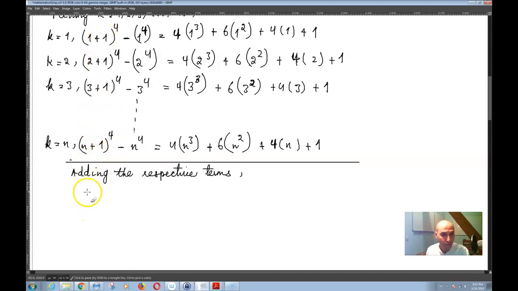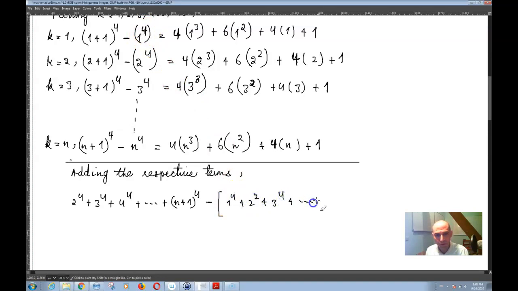So I have 2 raised to the power 4 plus 3 raised to the power 4 plus 4 raised to the power 4 plus all the way up to n plus 1 raised to the power 4. And then subtract from that 1 raised to the power 4 plus 2 raised to the power 4 plus 3 raised to the power 4 plus all the way up to n raised to the power 4.